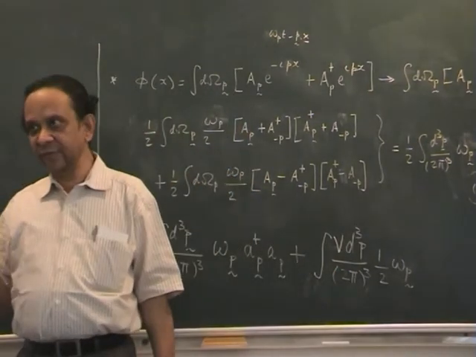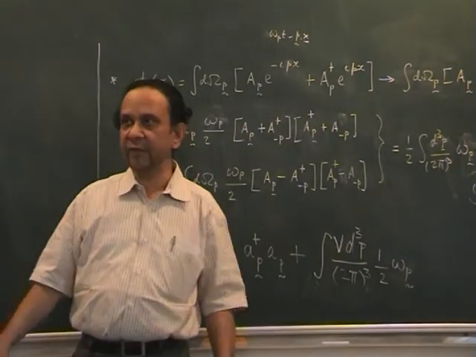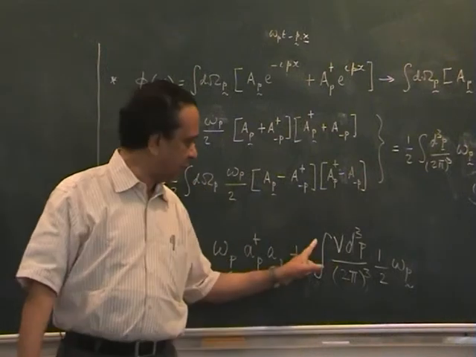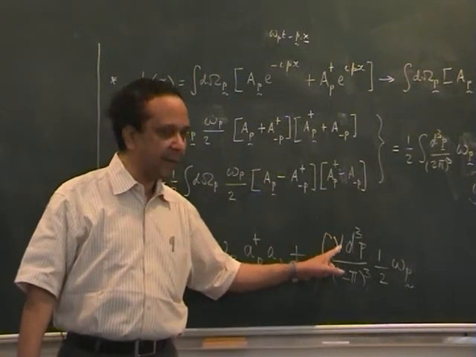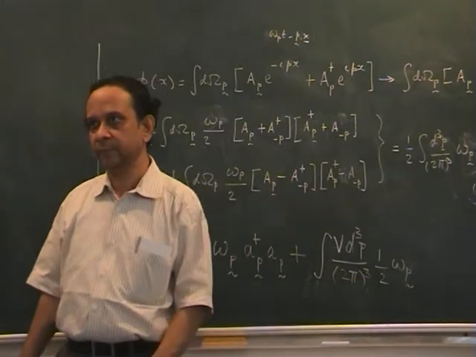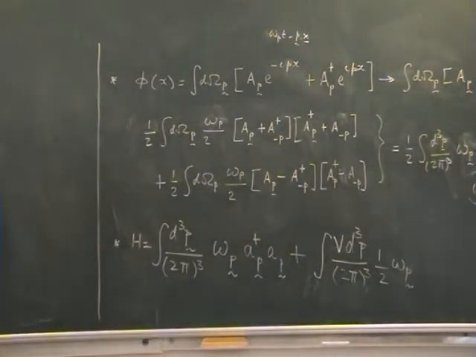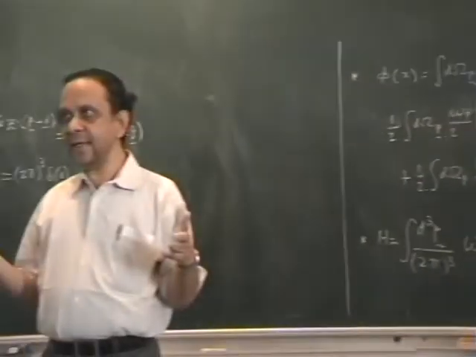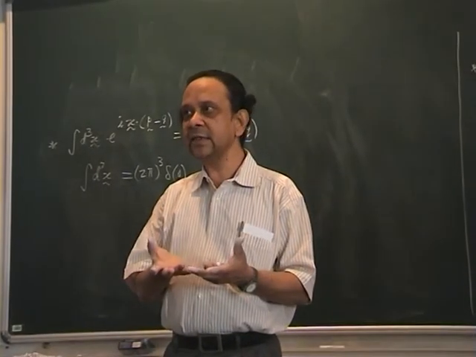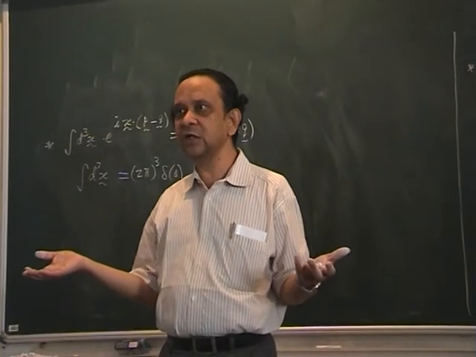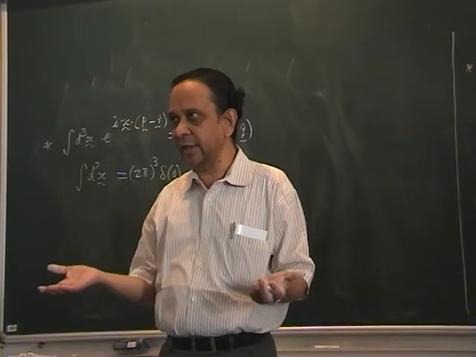Now this has two infinities. One infinity comes from this V, which is an integral over d3x. I could have written it as a phase space integral, d3x d3p upon this quantity. That we don't care about, because we are integrating over all space, and if there is some finite energy density, the vacuum is translationally invariant.